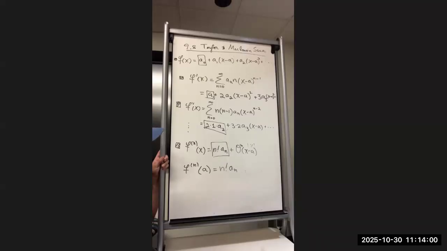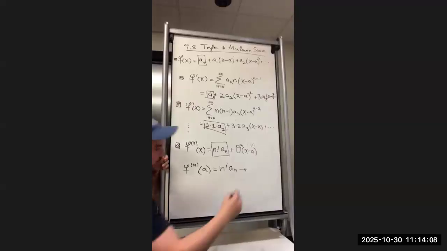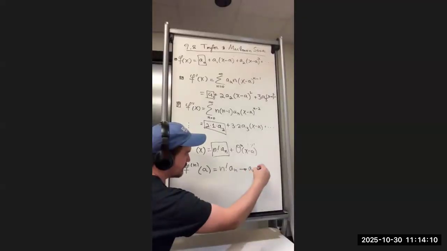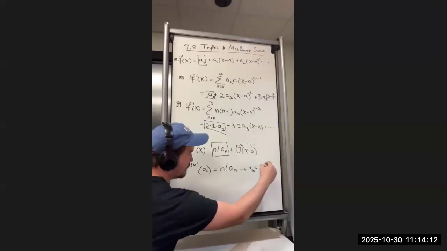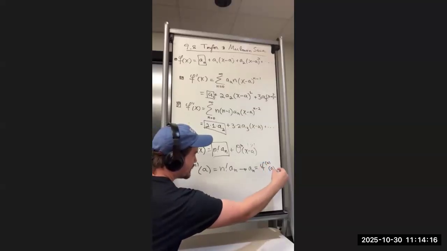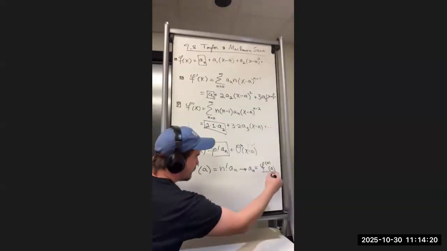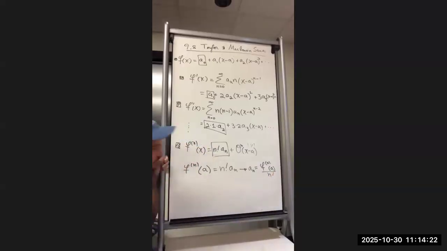Which is pretty nifty, because this gives me a way of expressing analytically what my nth coefficient is. So I can rearrange this formula and say the nth coefficient should be the nth derivative of our function evaluated at the center divided by n factorial.